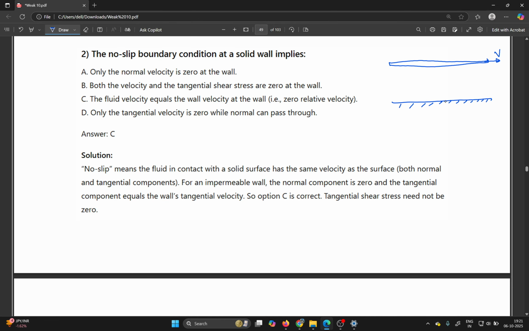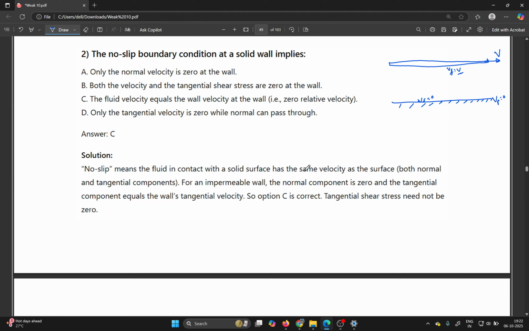For the fixed plate, the velocity of the plate is 0 at the bed level, so the fluid velocity here will also be 0, and here the fluid velocity will be the velocity of the plate. So remember please. Here the fluid velocity equals the wall velocity. If wall velocity is 0, then fluid velocity will also be 0. If wall velocity is v, then fluid velocity will also be v.